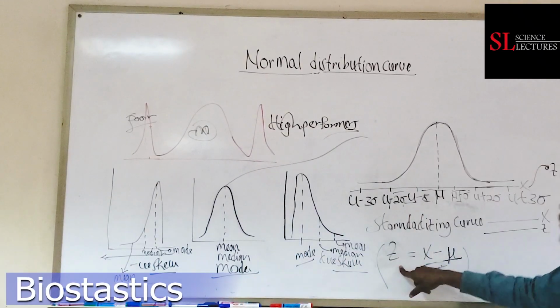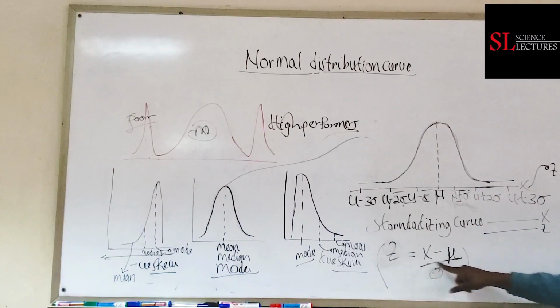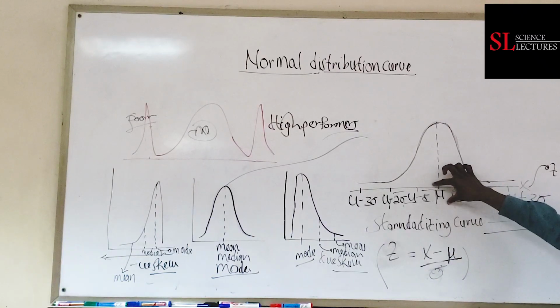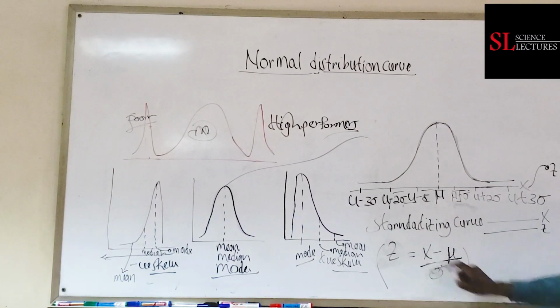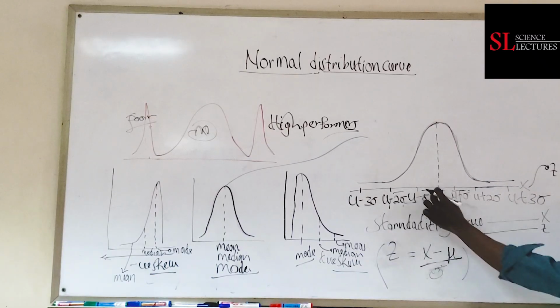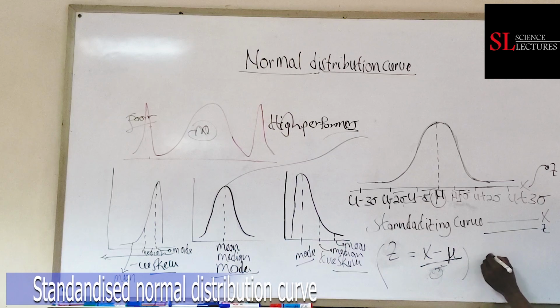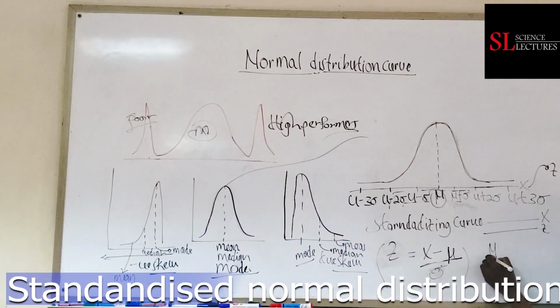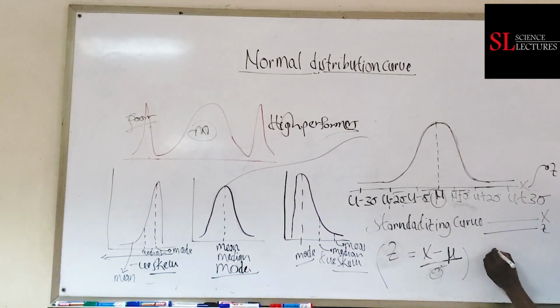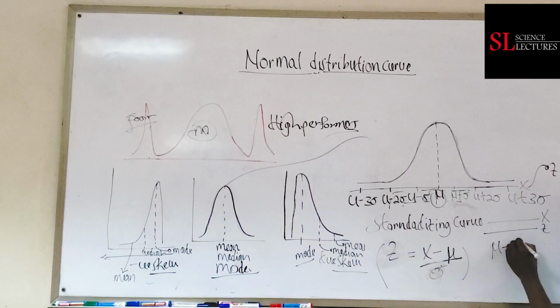So to change to z, we'll start with the mu. We substitute it for x. If we are dealing with the mean here, z is equal to mu minus mu over sigma. So mu minus mu is 0 over sigma, which will give us a 0.